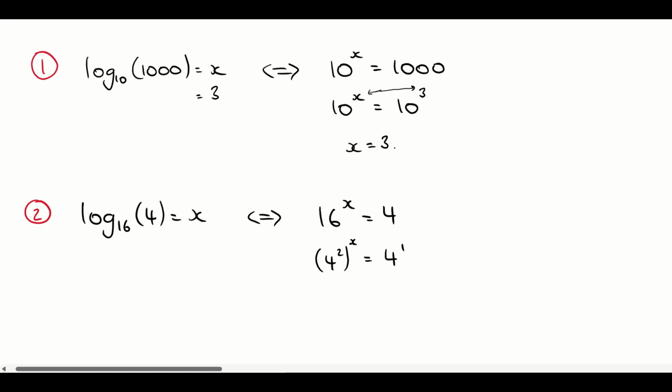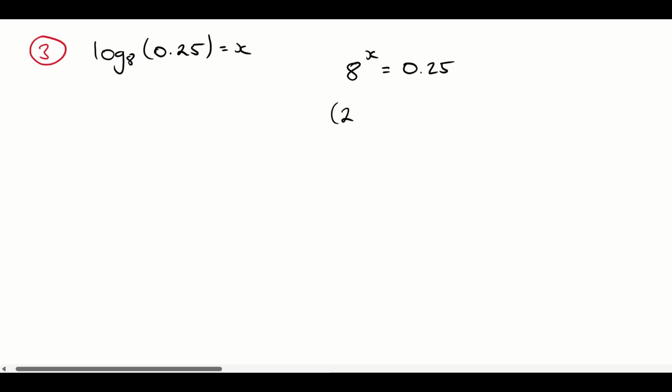So notice how I've got the same base. Well, if I use my indice law where I just multiply these two numbers together, 4 to the power of 2x is 4 to the power of 1. So I see here, comparing my indexes, that 2x needs to be 1, so x is 0.5 in this case. So log to the base 16 of 4 is just 0.5.